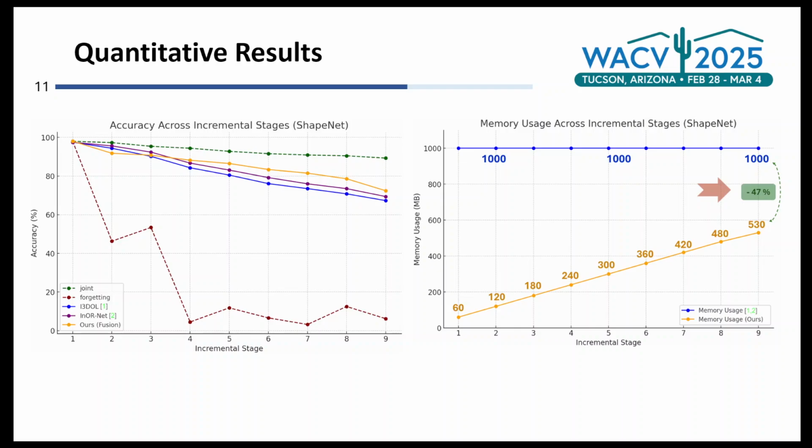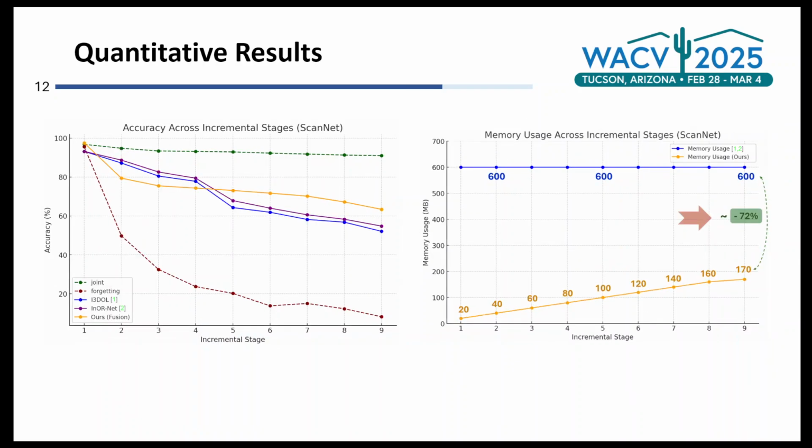On ShapeNet, our model maintains high accuracy and reduces memory usage by 47%. Even in the real-world dataset, I mean ScanNet, our model performs best and reduces memory usage significantly by around 72%.